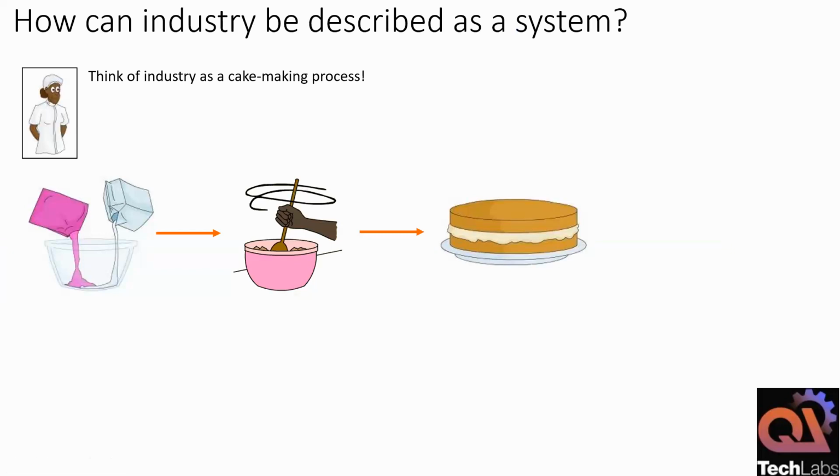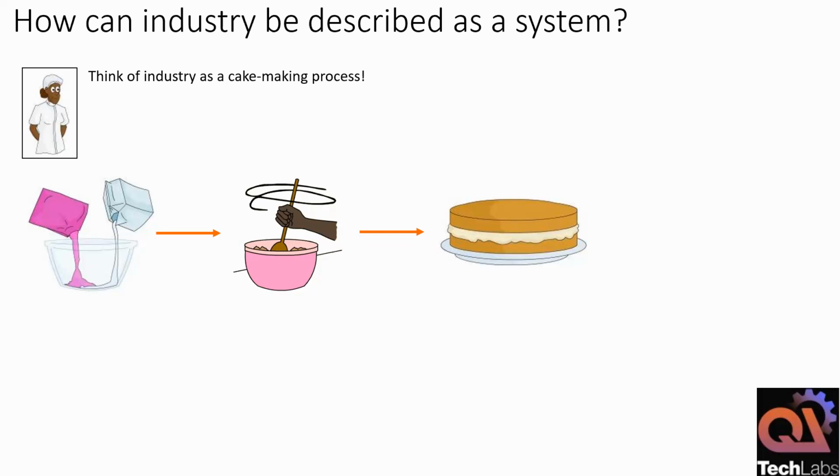Now, every industry can be described as a system. What does system mean? Application, college admission system, railway ticket booking system. That means there is a predefined set of activities that needs to be done as part of the system.